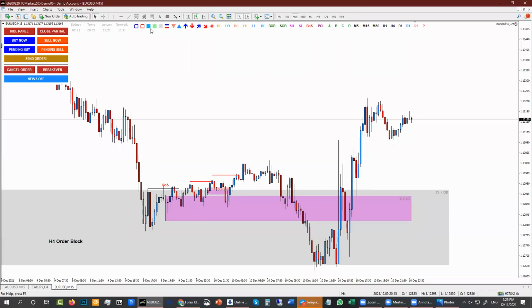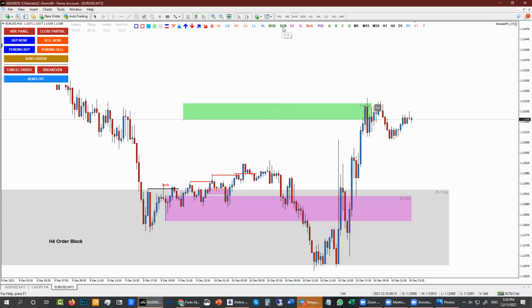So here is another break of structure. This one is another order block, if you want to take it like that. And here is also another break of structure. So if I were taking this one, hold on.